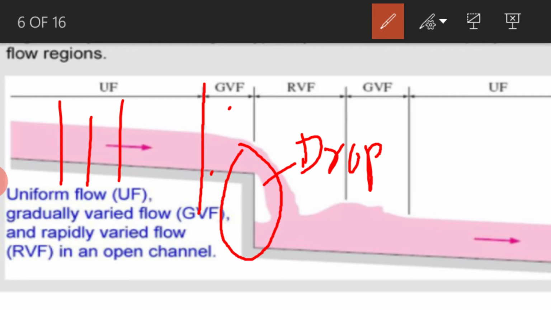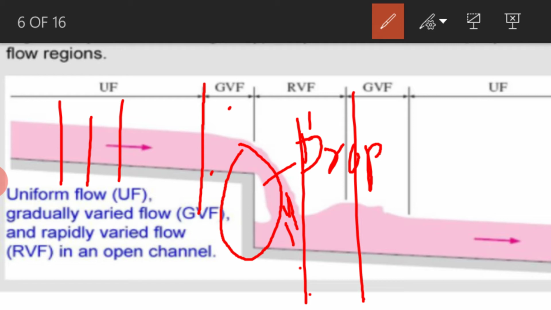The moment it falls down, it will have a huge kinetic energy while falling. The moment it falls down, the depth varies rapidly. If you take a section here and a section here, in these two particular sections, the depth will be varying very rapidly. Hence, it is called a rapidly varied flow.